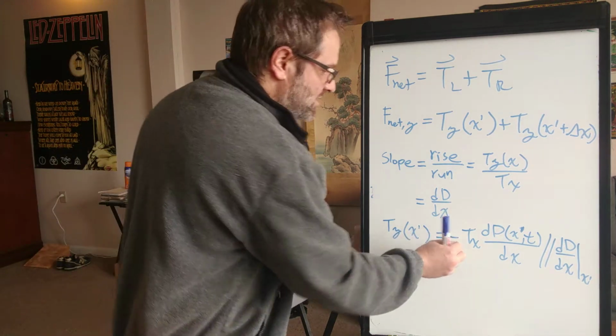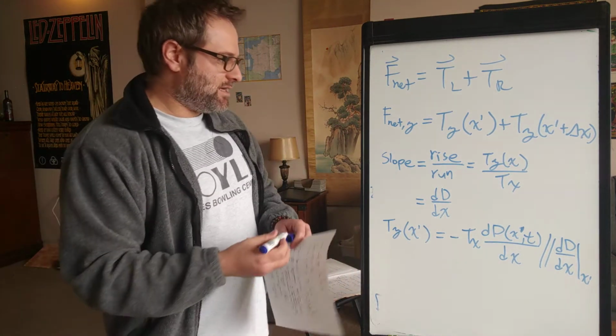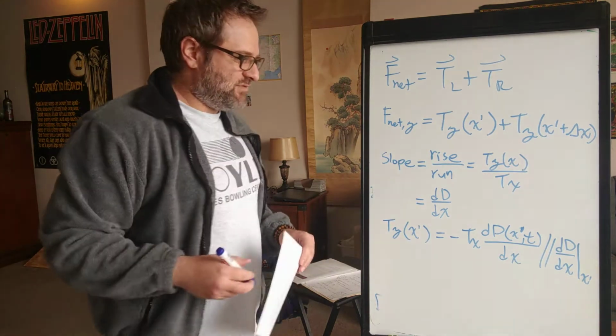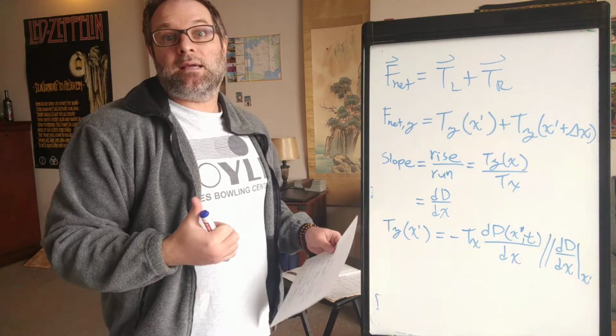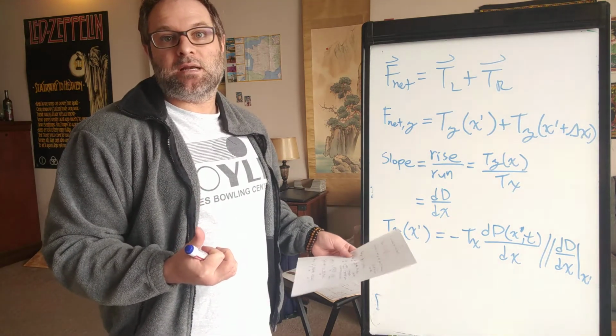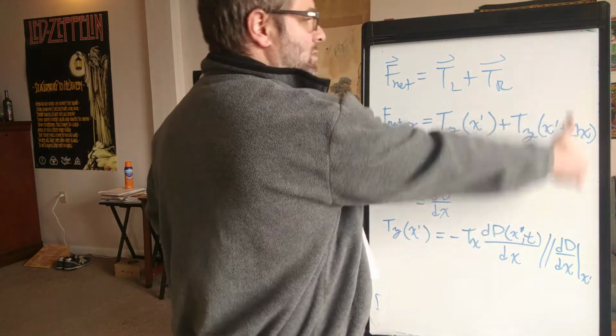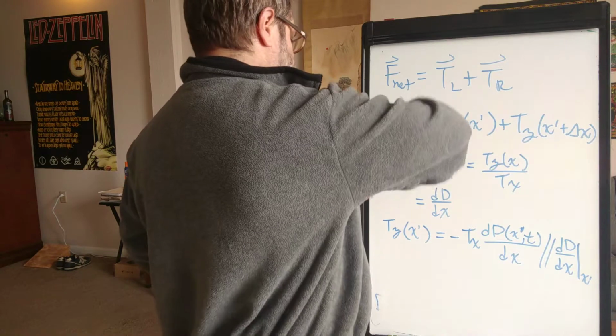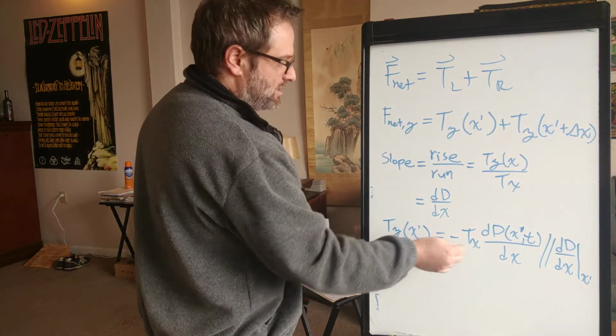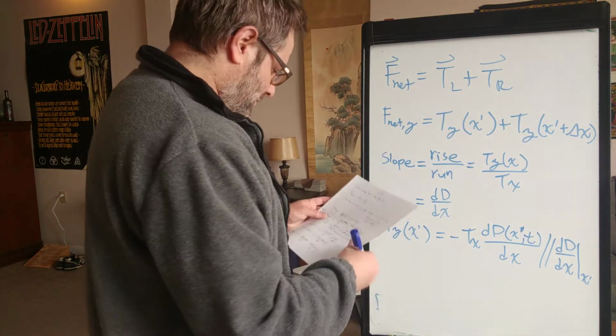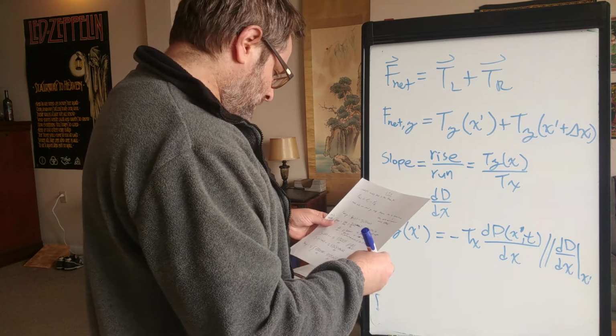And this negative sign comes from the fact that, now that we make this the specific case, we know that those y components are going to be pointing in opposite directions, because on this side of the rope we have the tension pointing up this way, this side of the rope we have the tension pointing down, so this negative sign takes that into account. Okay.